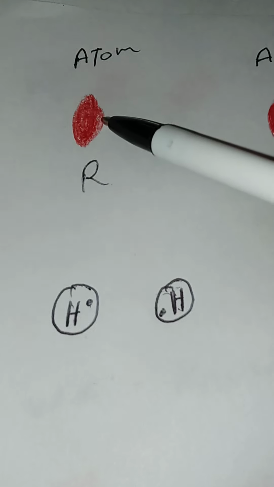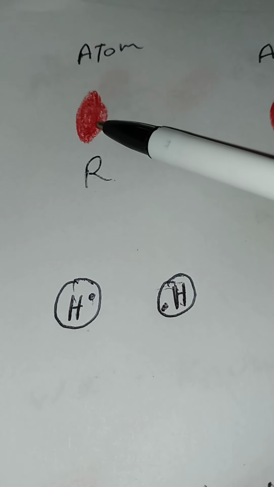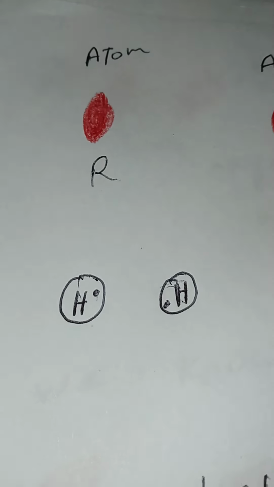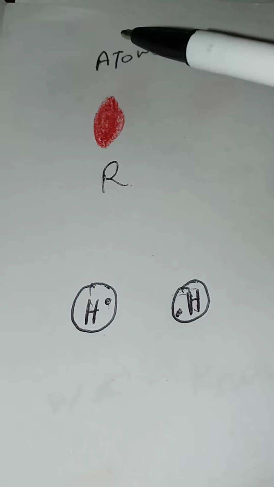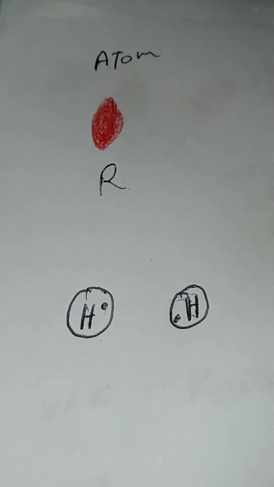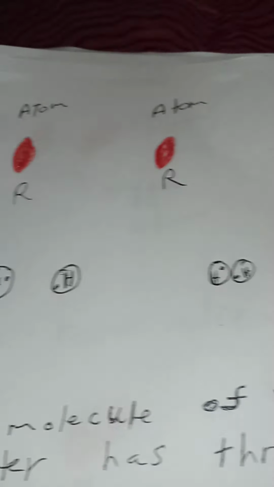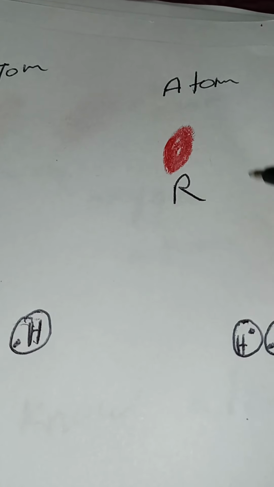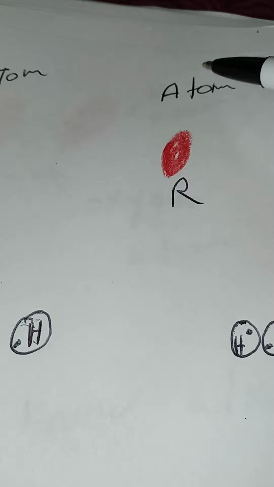you have a red color here with a capital R, a red ball, and this red ball is an atom. Just for the time being, this red sphere, not really a ball, a spot, is a capital R for red, and that's an atom. Then you take another red capital R spot, another atom.